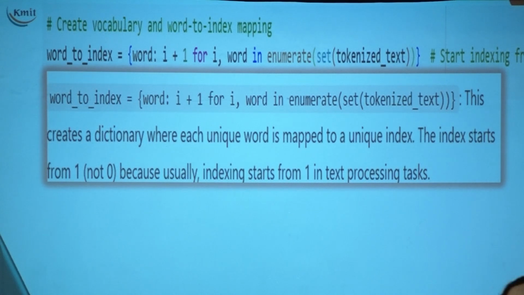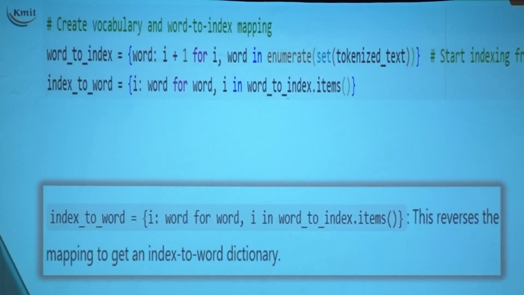Here I am starting my indexing with 1. Can you see? i plus 1. So the indexing starts from 1, not 0, because that 0 we have to keep for padding. I'll tell you where this requirement comes from. Right now you understand that our indexing starts from 1.